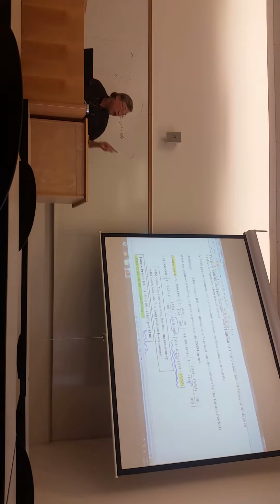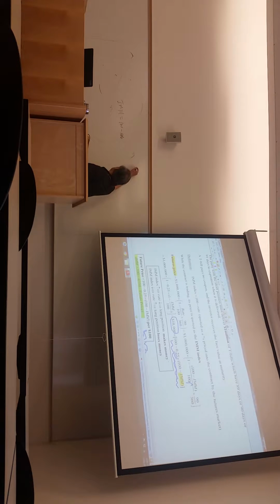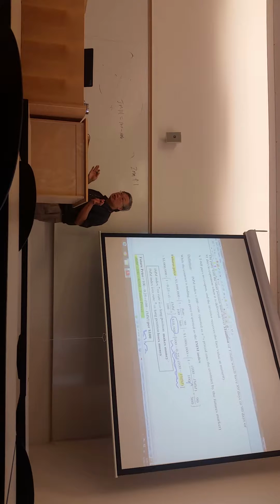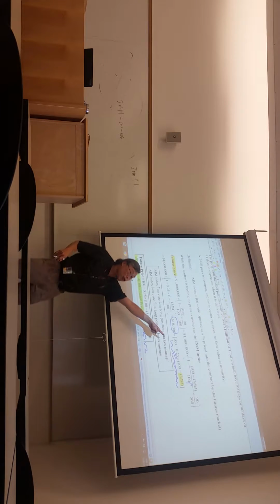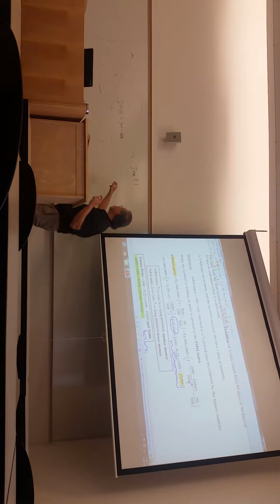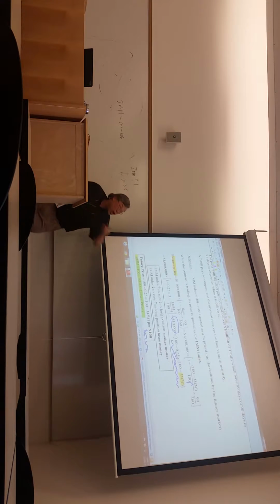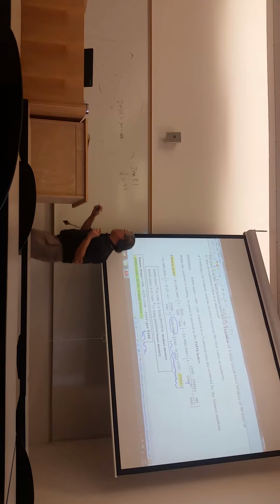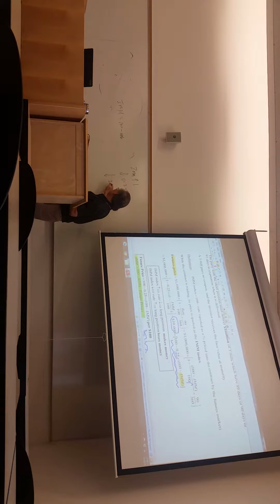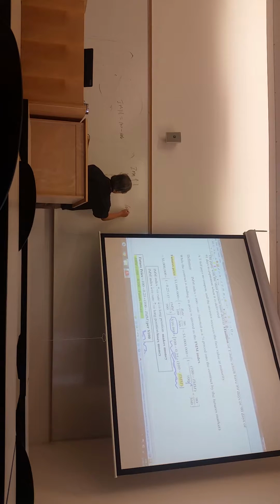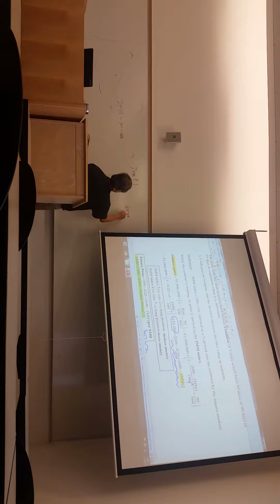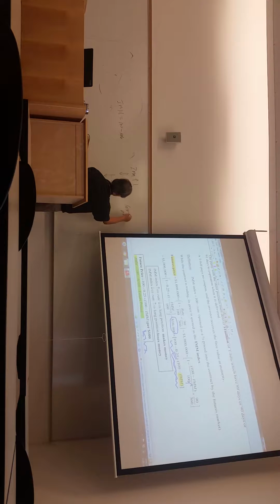Do you see that from this formula? Because you multiply by 0.25, this thing will go down by 0.25, just the bracket. And then you multiply by 10,000, so it will be 0.25 times 10,000.